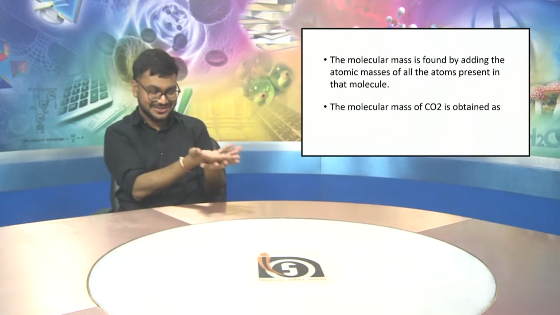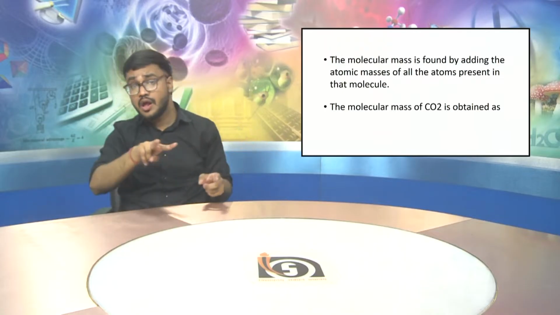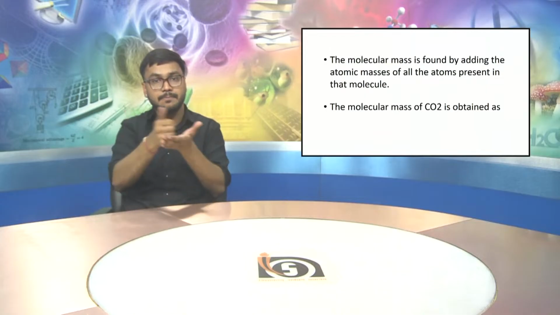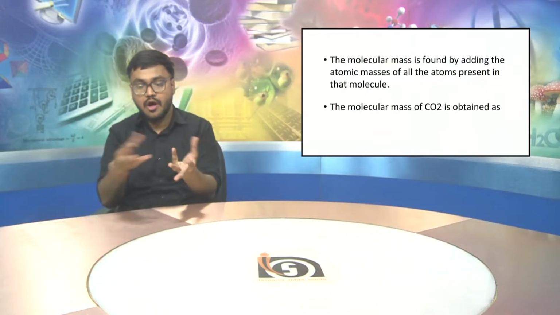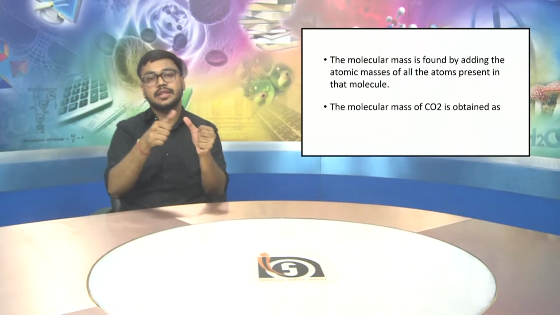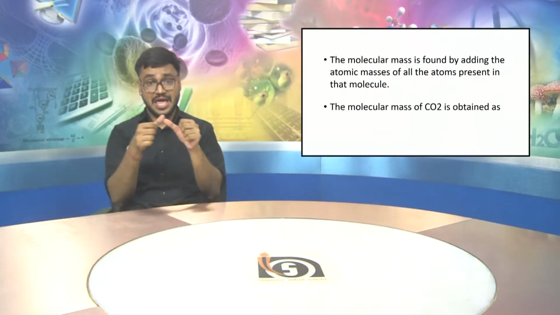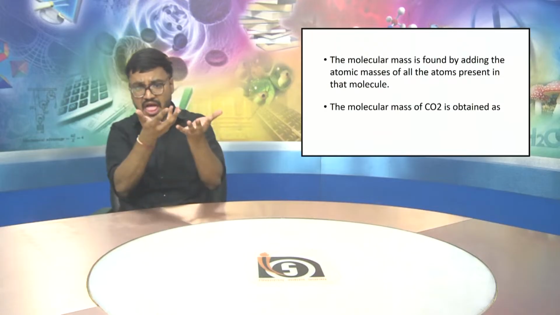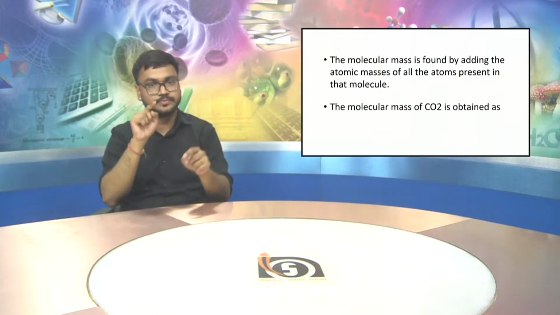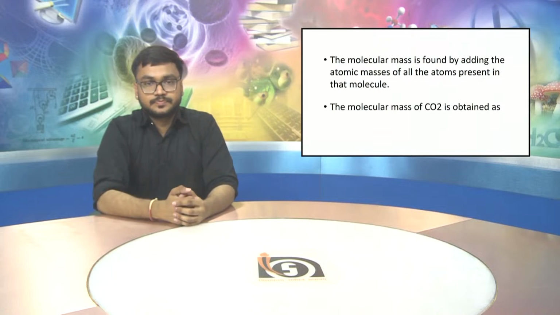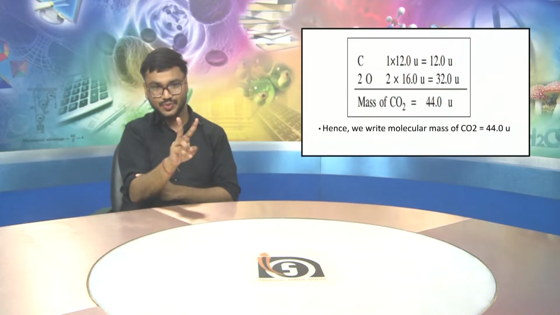Molecular mass is found by adding the atomic masses of all the atoms present in that molecule. For example, we can understand it by a simple example of CO2. Let's find the molecular mass of CO2.